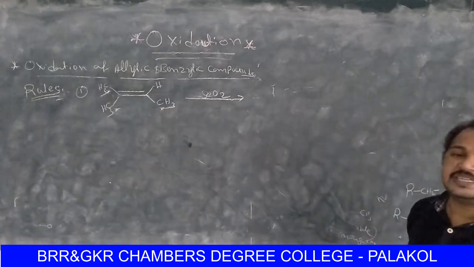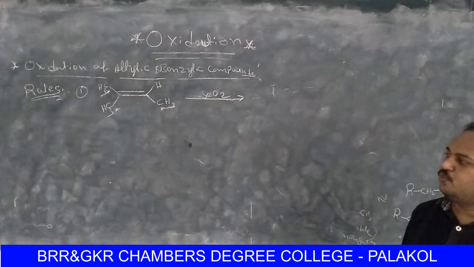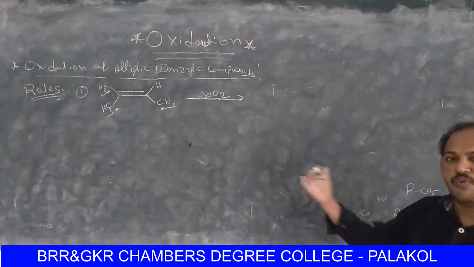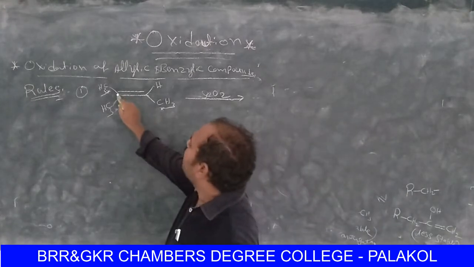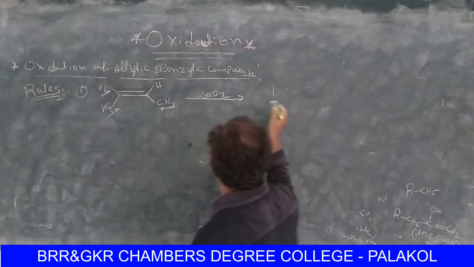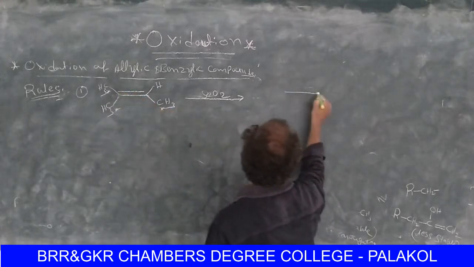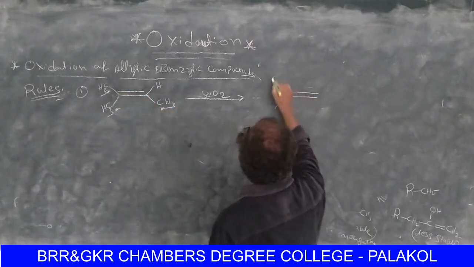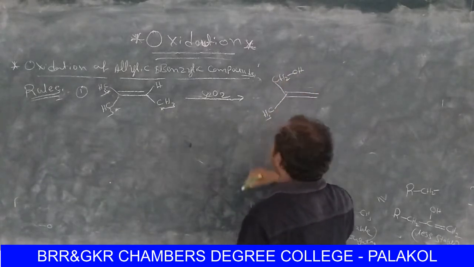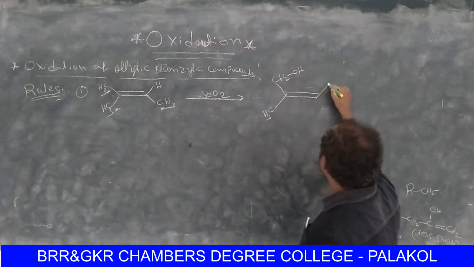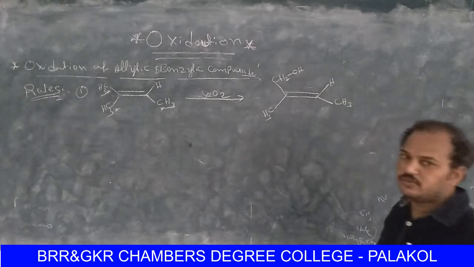But rule number 1 tells us that in case of tri-substituted olefins, we have to oxidize only at the more substituted carbon. Among these 3, this is the more substituted carbon. That's why oxidation takes place here.